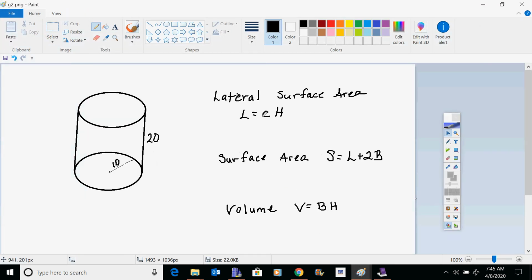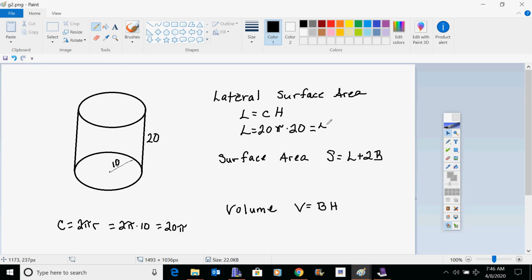Okay, so lateral surface area. C standing for circumference. Circumference equals 2 pi r, so don't forget that. So 2 times pi times 10. So that will be 20 pi. And I'm just going to leave it at 20 pi for just a quick minute. 20 pi times 20. That'll be our lateral surface area, just the part that goes around this.